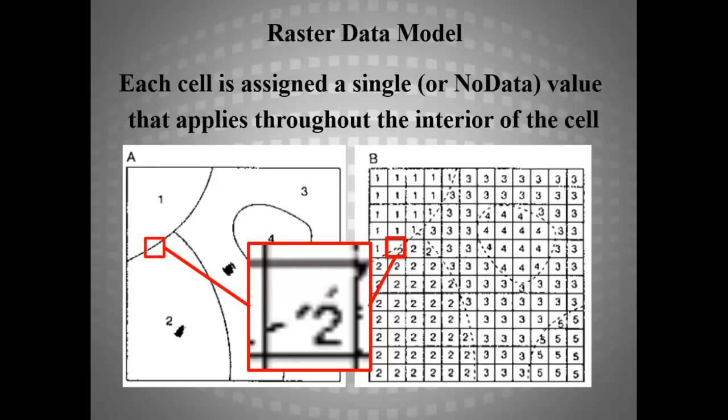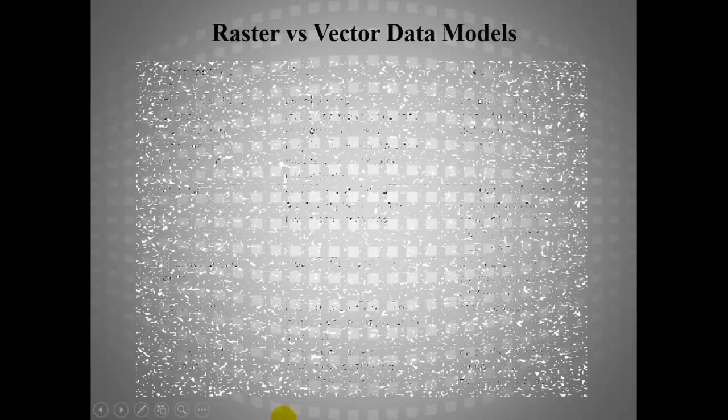So if predominant forest cover inside that cell is forest cover 2, then you would want to use 2. So there are rules that you can use when you're converting from vector to raster and raster to vector. You can also see where raster doesn't work as well as vector when you have distinct boundaries between features.